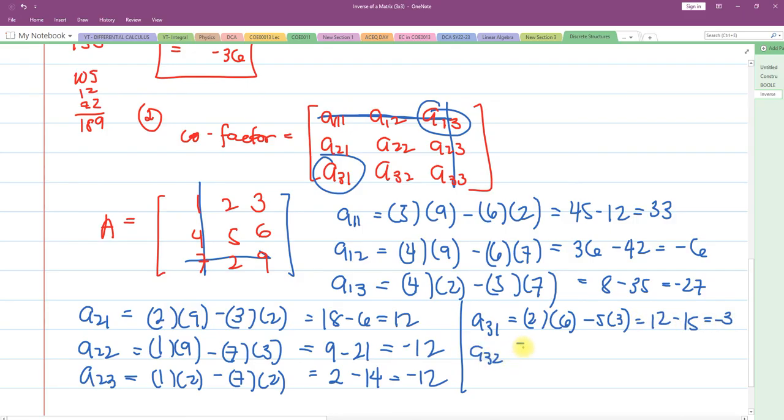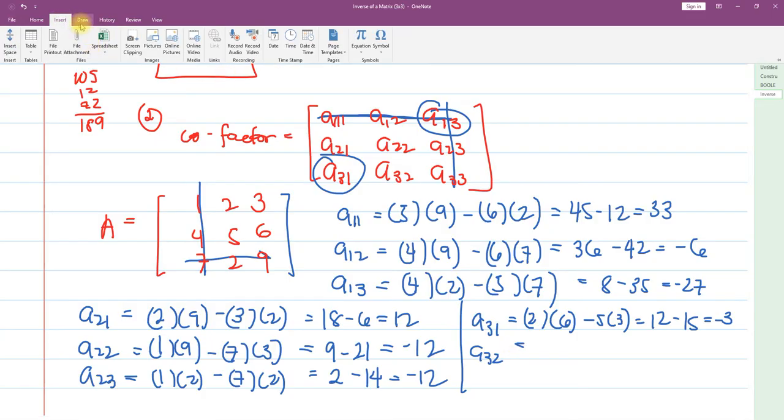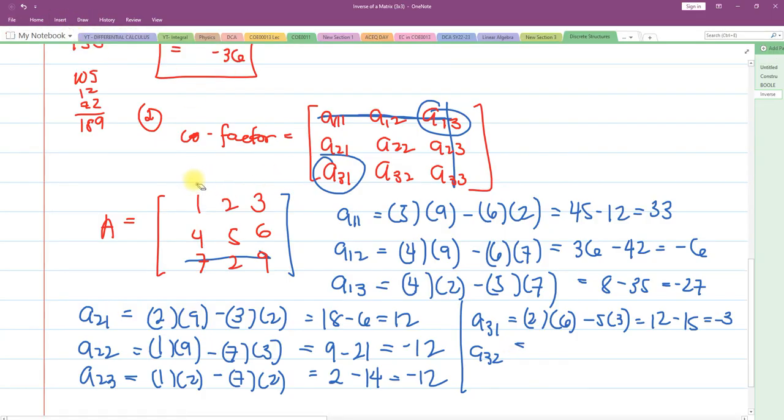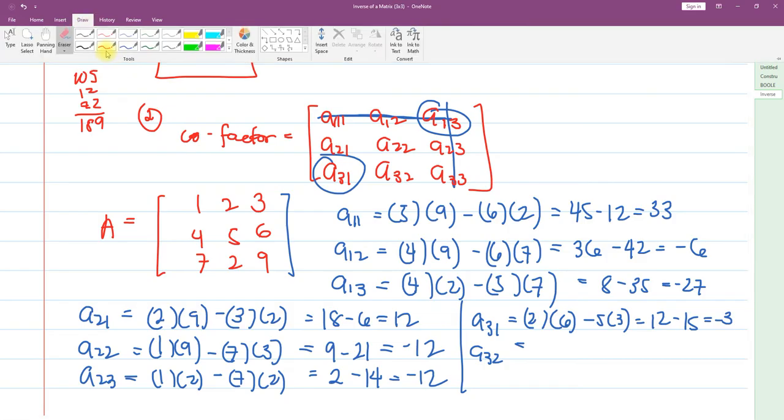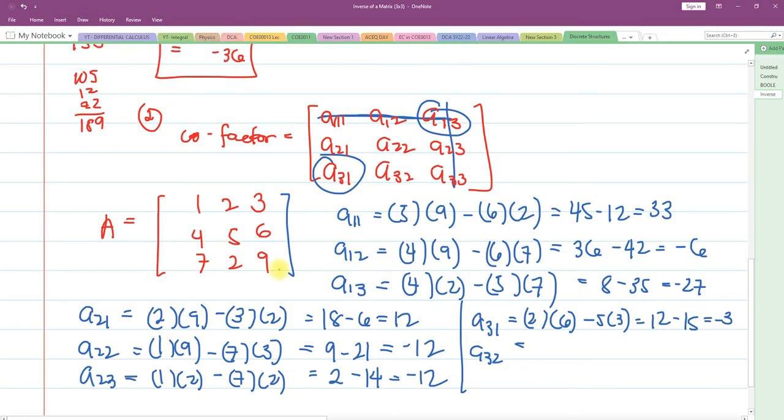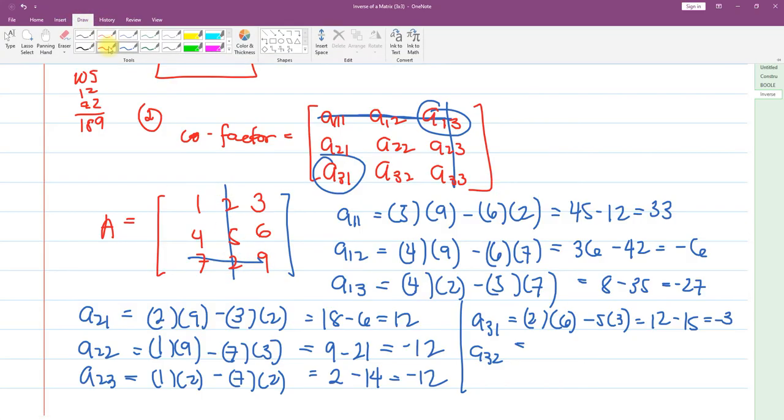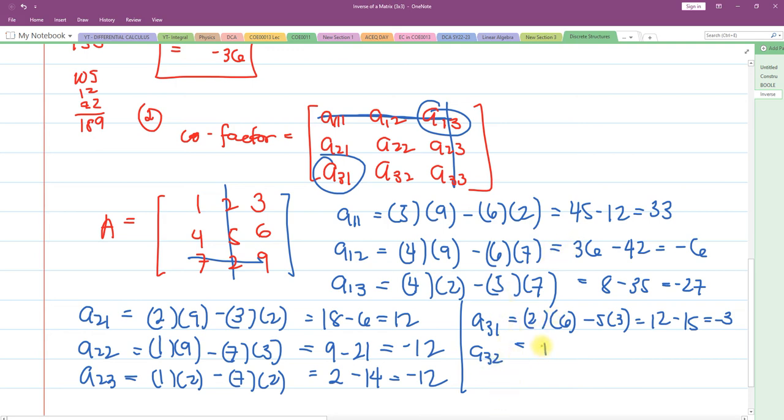Then A32, you now have row 3, column 2. So you now have 1 times 6 minus 4 times 3. 6 minus 12, that's negative 6.